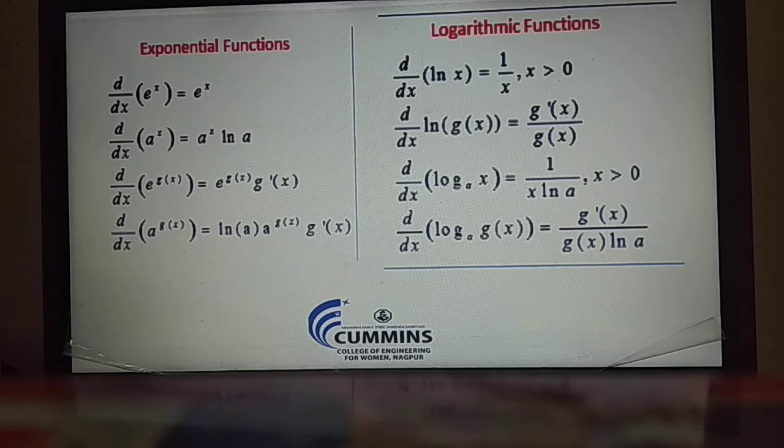Now the logarithm function: d by dx of log x equal to 1 by x, but here remember x is greater than 0. d by dx of log of g x is g dash x upon g x. So in this way, the logarithm functions are given.